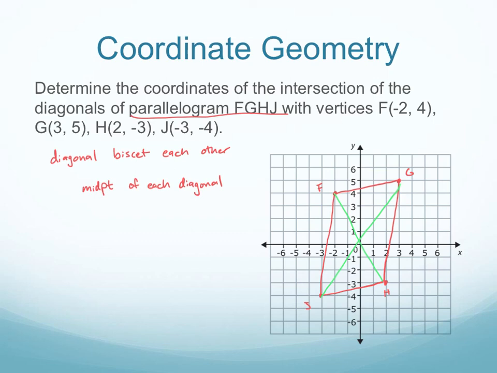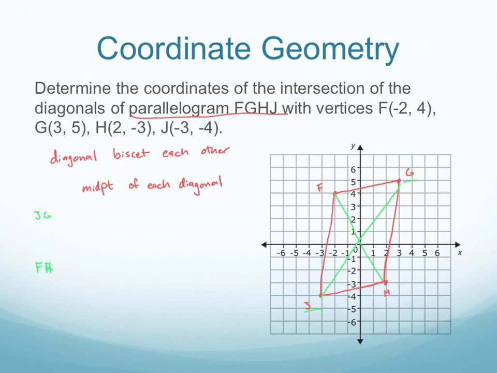I need to find the midpoint of points J and G, and then F and H. Now, if we do this right, both coordinates will be the exact same thing.